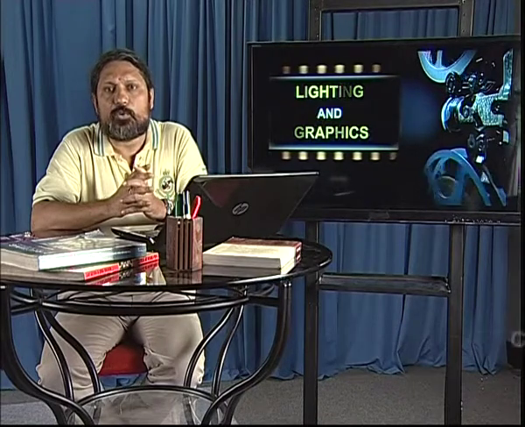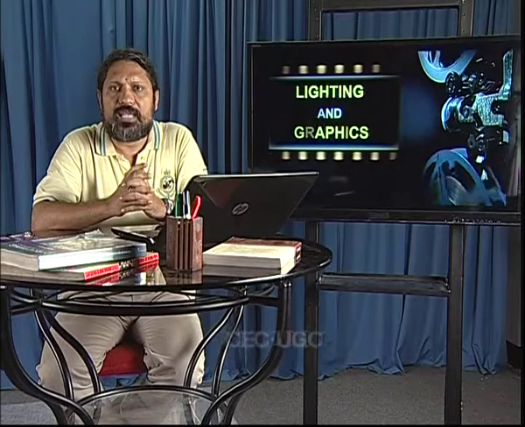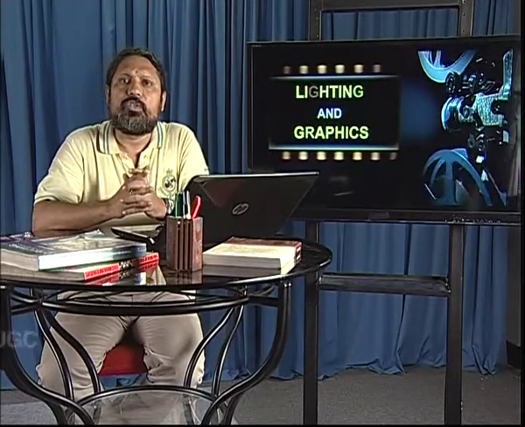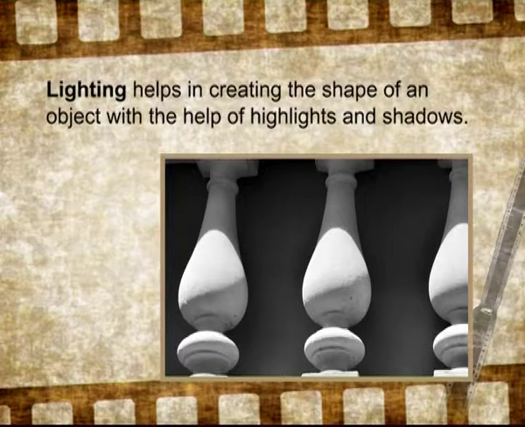Light and shadow are the two binaries of the visual world, just like sound and silence are the binaries of the auditory world. Lighting helps in creating the shape of an object with the help of highlights and shadows.